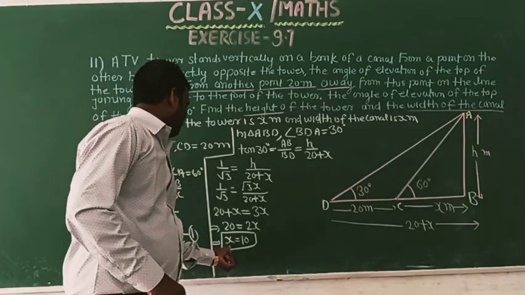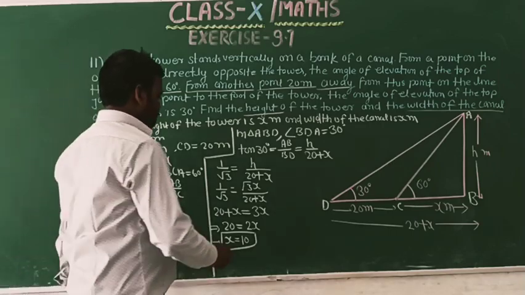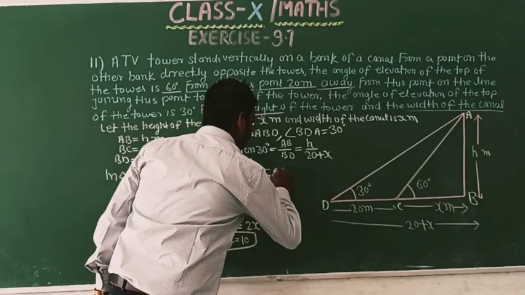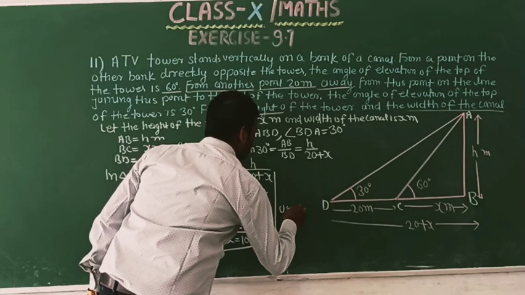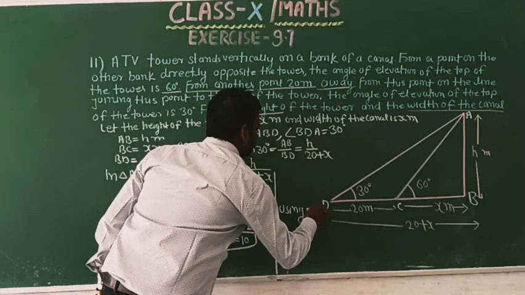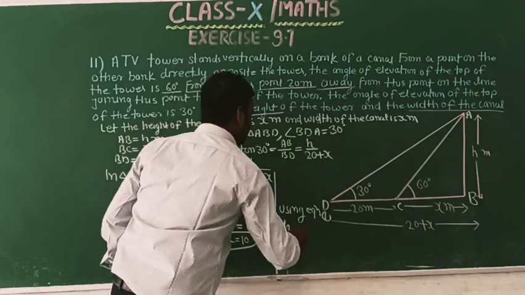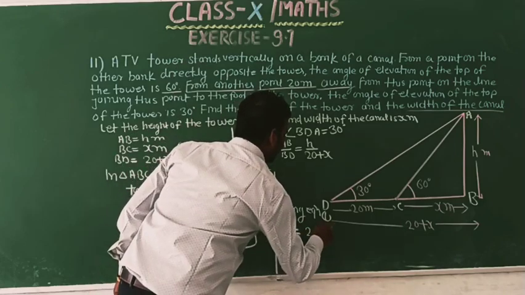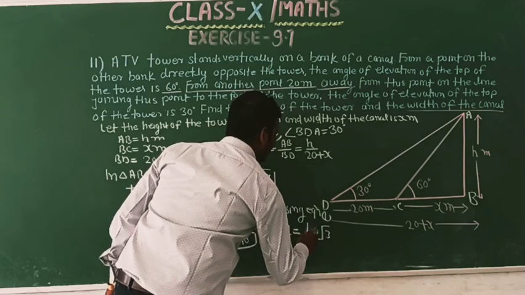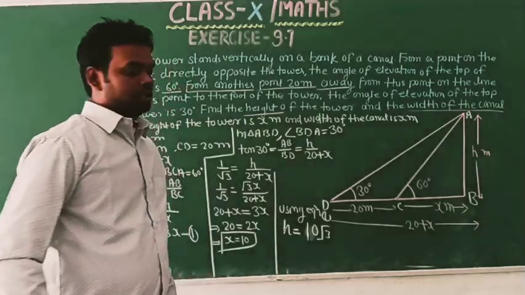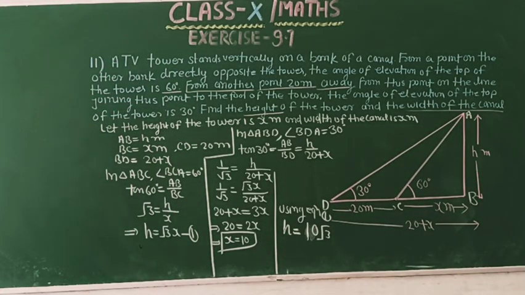Now substituting the value of x equal to 10 in equation 1, we will find the value of h, which is equal to 10 square root 3.